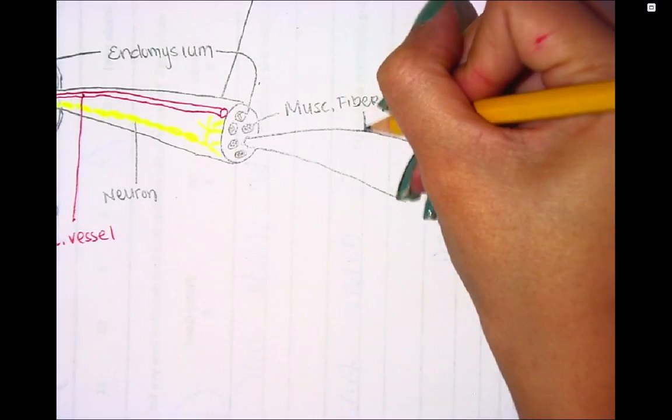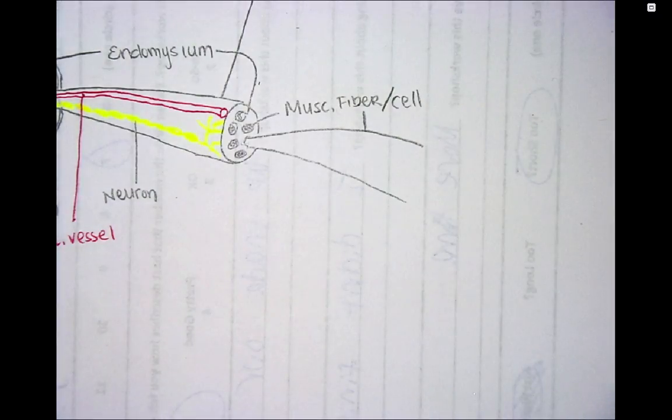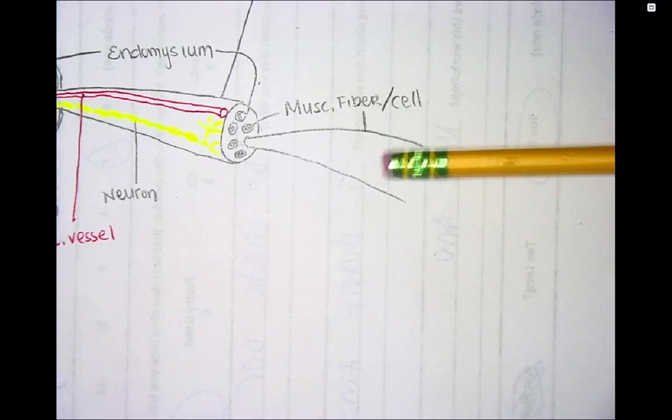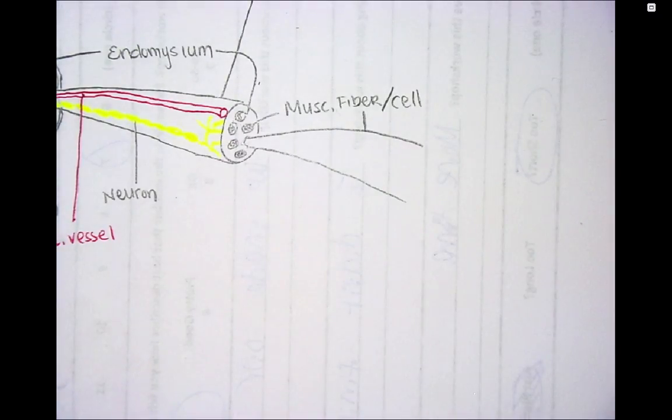This is a muscle fiber as well. Okay, and then we will take a look at the inside of this muscle cell tomorrow. We'll go ahead and start packing up.